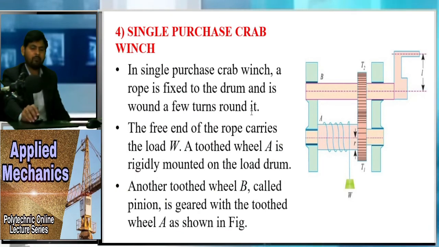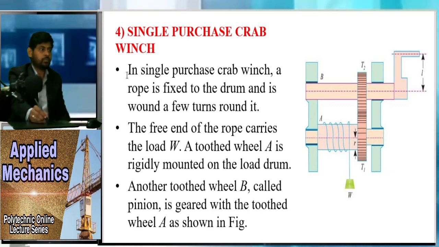So in total we have 7 lifting machines which are important from the subject point of view. Until now we have seen 3 machines: the simple wheel and axle, then the differential wheel and axle, and the worm and worm wheel. Now this is the fourth one, the single purchase crab winch.